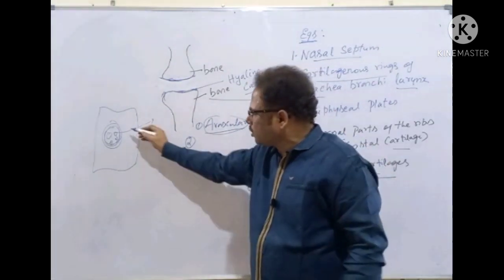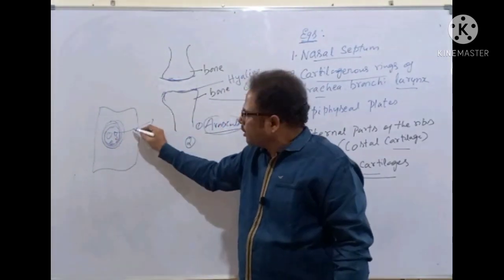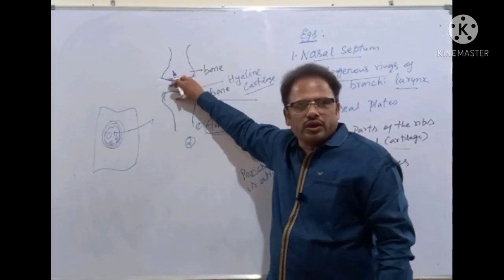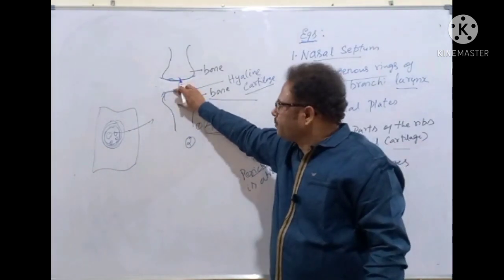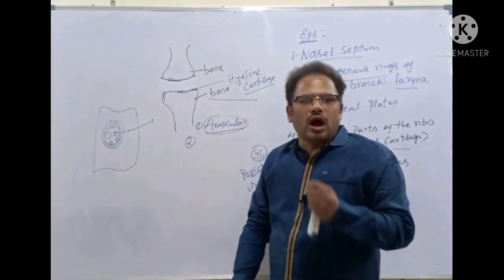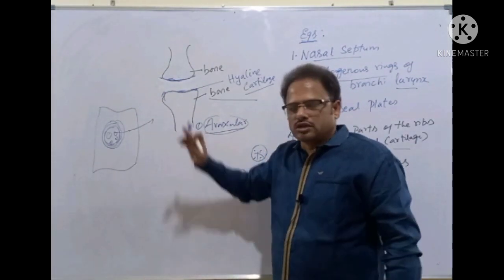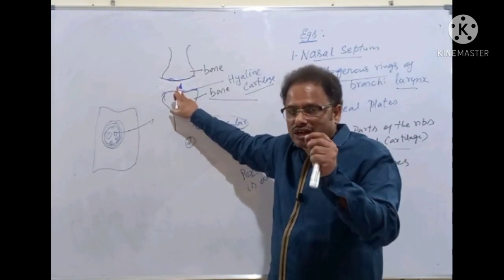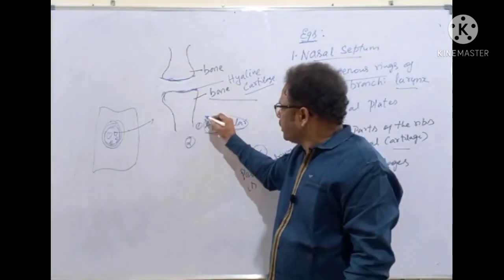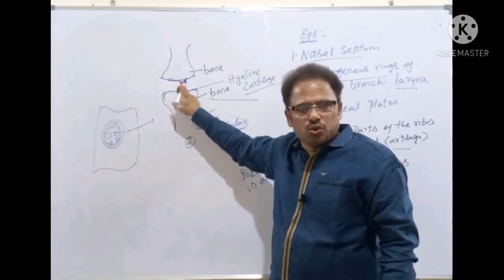No. In the same way, chondrocytes are entrapped inside the lacuna, so they cannot go to the sites of injury of the cartilage. That's why the injured cartilage cannot be regenerated: because it is avascular and the chondrocytes cannot go to the sites of injury.